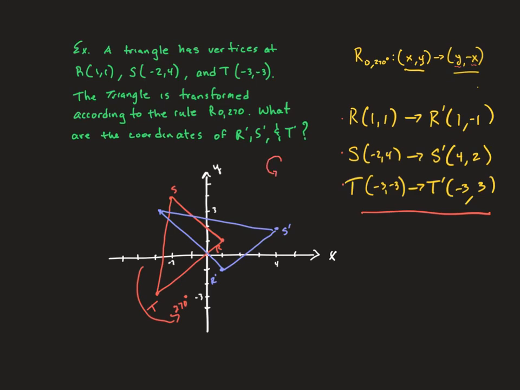This way is positive, and then negative is clockwise. And then segments connecting corresponding vertices to the center of rotation are going to be congruent. Orientation isn't preserved; it is rotated about the center of rotation.